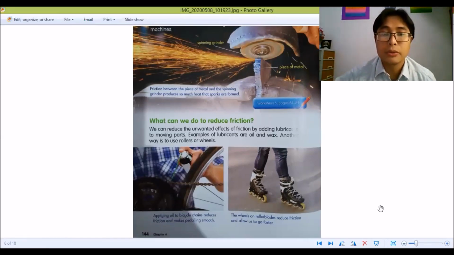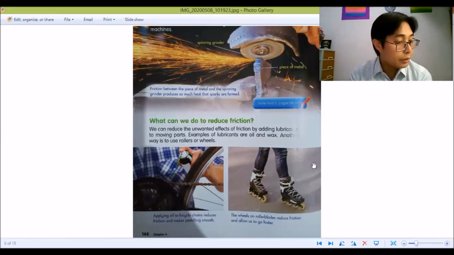What can we do to reduce friction? We can reduce the unwanted effects of friction by adding lubricants to moving parts. Examples of lubricants are oil and wax. Another way is to use rollers or wheels. Look at this image.